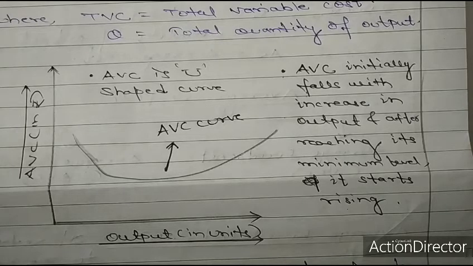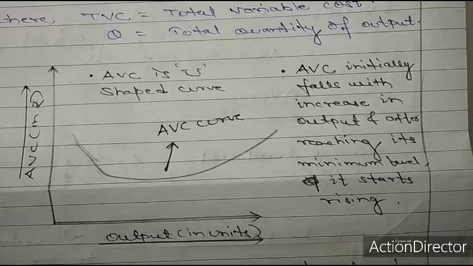These stages in the AVC curve correspond to the stages of increasing, constant, and decreasing average product. This is also called returns to variable factors, and it underlies the law of variable proportion.